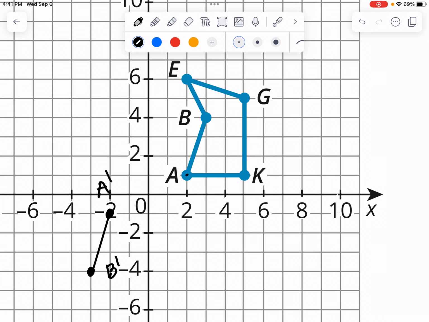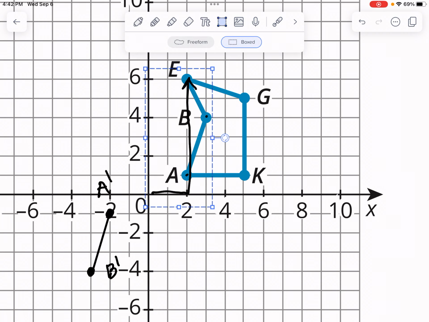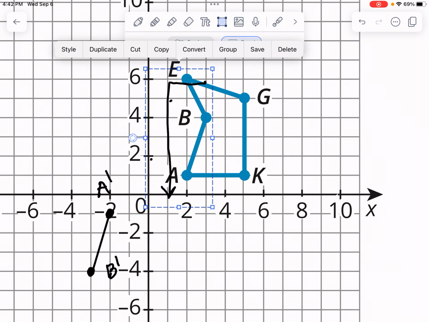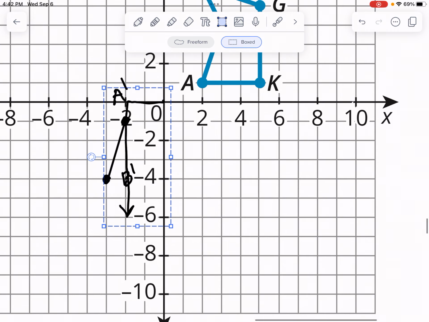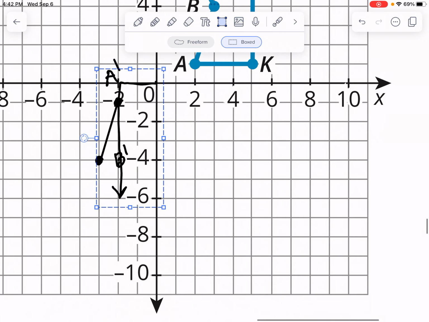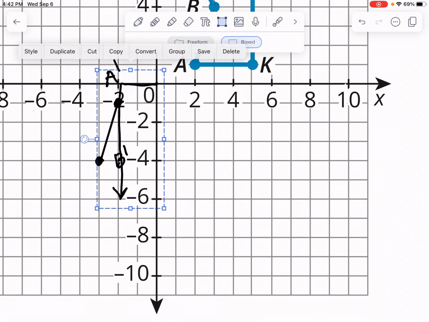Let's go to the next one. So we did this one. Now we're going to go to E. That looks like we're going 2 to the left and 6 up. Just so I make this perfectly clear, I'm using my digital tool, but for you, in order to perform the rotation, you're going to turn your paper or your book so that it's upside down, and you're asking yourself, what is the path from the origin to E?